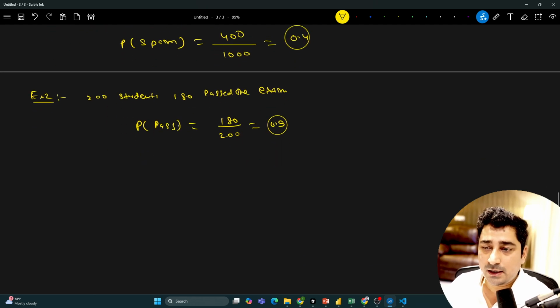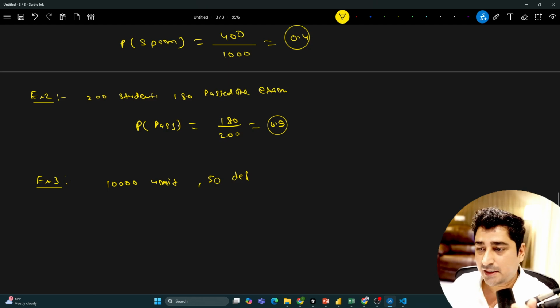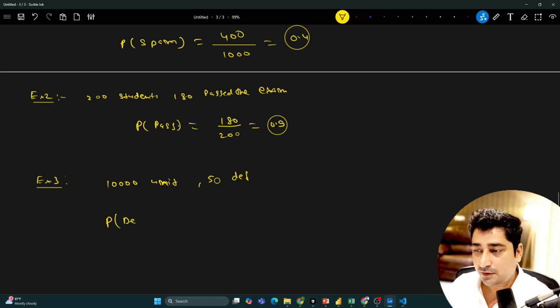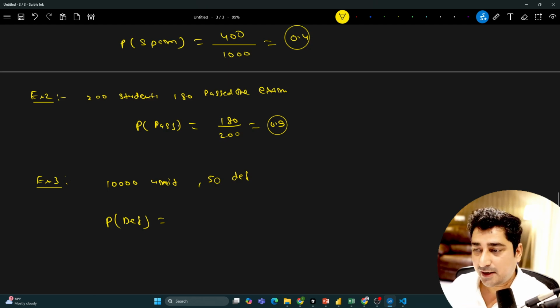Now example number 3, which is similar to the previous one, not a very different one. Let's suppose there is a company making some products. They have made 10,000 units of a product, and out of that 50 products were defective. If I pick any of these products at random, what is the probability that it is defective?